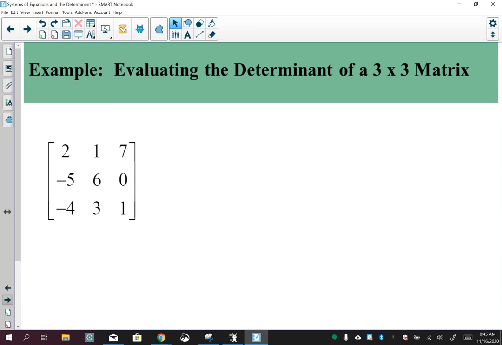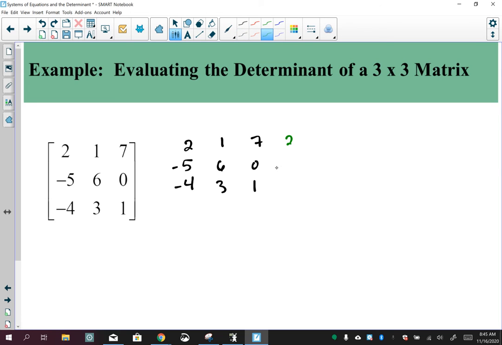So we're going to evaluate this determinant using this matrix here. The first thing I'm going to do is write this down. Let me change colors here. Let's go black. I'm going to go 2, -5, -4, 1, 6, and 3, 7, 0, 1. Then I'm going to write my first 2 columns over again.